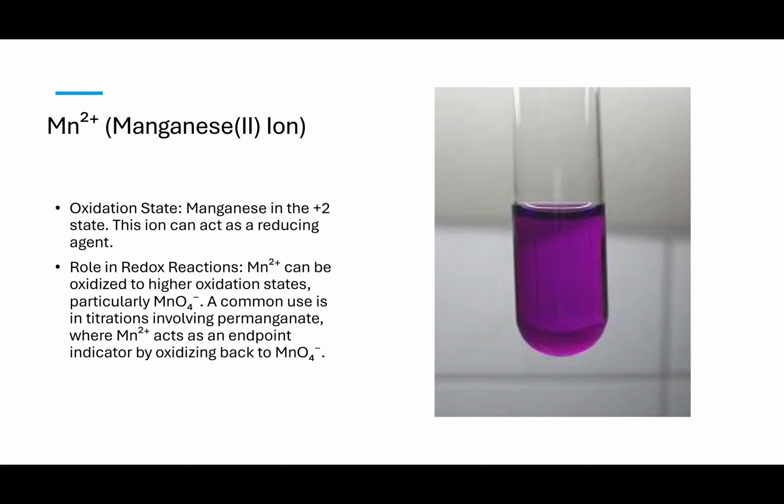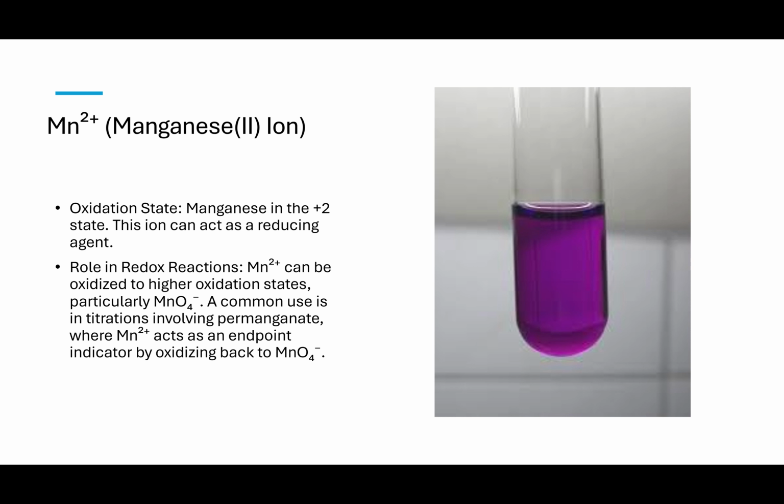And our manganese ions, which are very, very common. We tend to use manganese for almost everything. So our manganese 2+ can be oxidized to higher oxidation states, particularly the manganate ion, the MnO4-. The common use for the permanganate tends to be in titrations as well, as it acts as an endpoint indicator by oxidizing it back from 2+ to manganate.